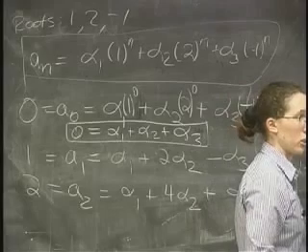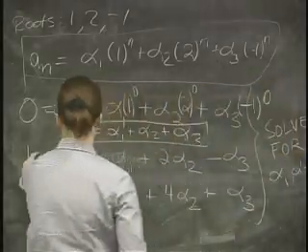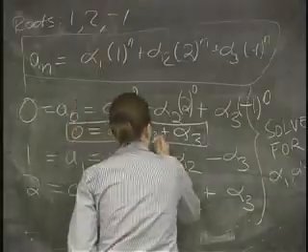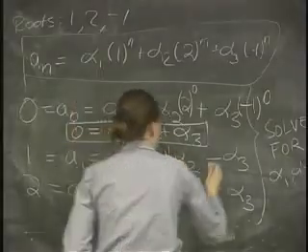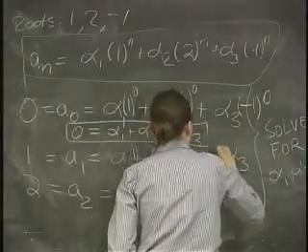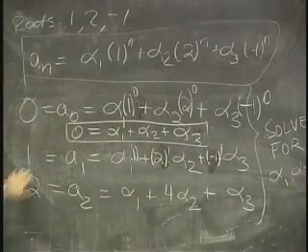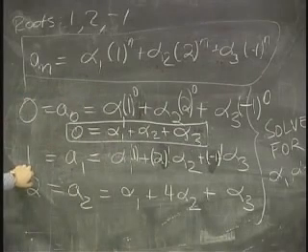From my second initial condition, a_1, by this formula, is supposed to be alpha 1 times 1 to the 1, plus alpha 2 times 2 to the 1, plus alpha 3 times minus 1 to the 1. And it's supposed to be 1 by my initial condition.